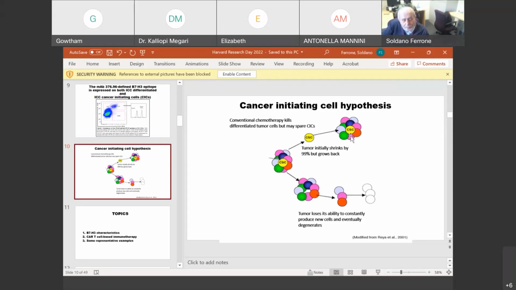Now, on the other hand, if a therapy destroys the cancer-initiating cells, then this therapy has a very good chance of curing the patient who is being treated, because practically there will be no cells left following the therapy.